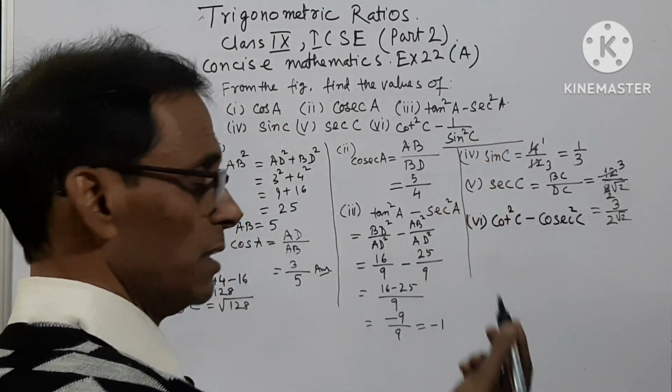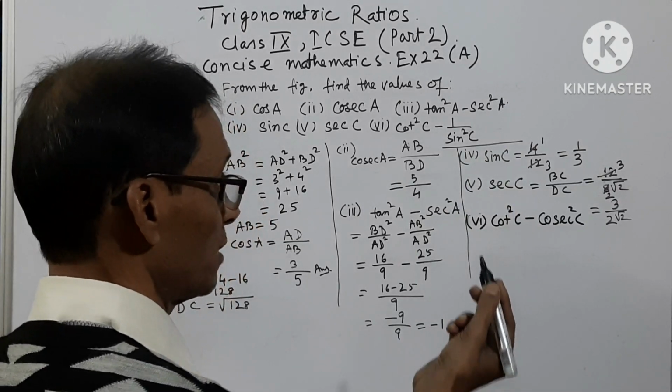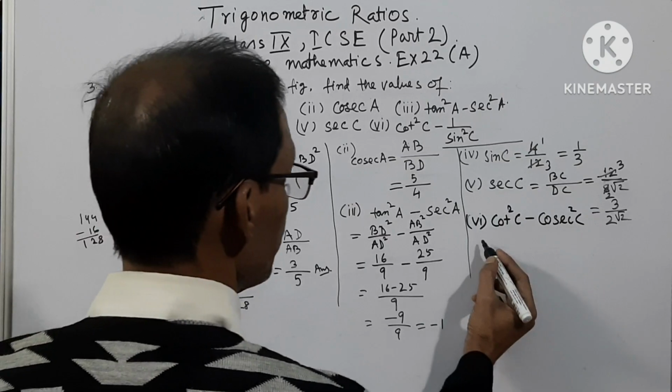You can do by this also, because 1 by sin C equal to cosec C, so 1 by sin square C equal to cosec square C.